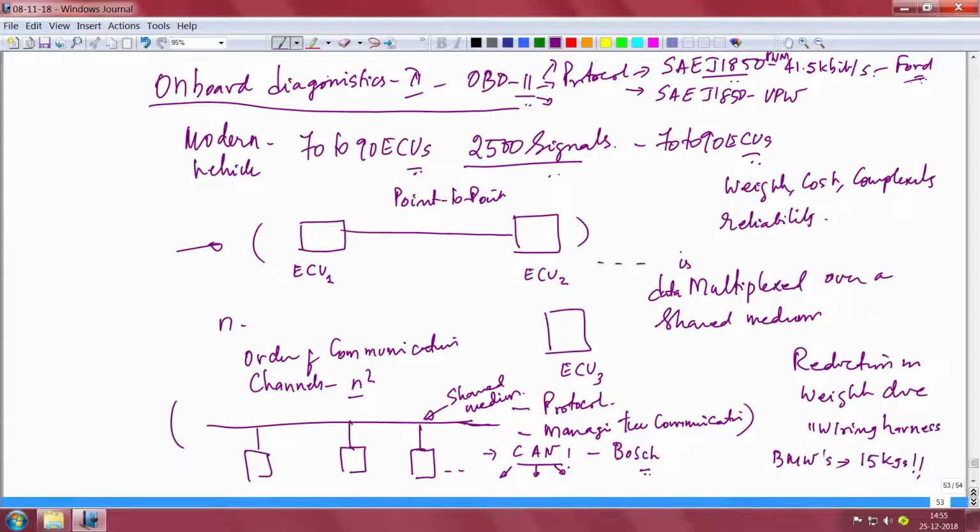Then there is another variant called SAE J1850 VPW, okay, this is variable pulse width or something. PWM means pulse width modulation, and VPW simply stands for variable pulse width. It gives you lower data rate, something like 10.4 kilobit per second, and this is standardized by General Motors, okay.